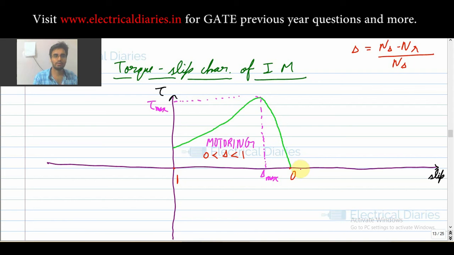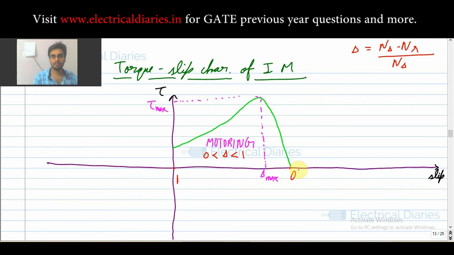That is the key point of the principle, which I will explain in that video. Here we are talking about slip and torque, and in this region the machine is acting like a motor: you supply electrical power and the motor rotates.